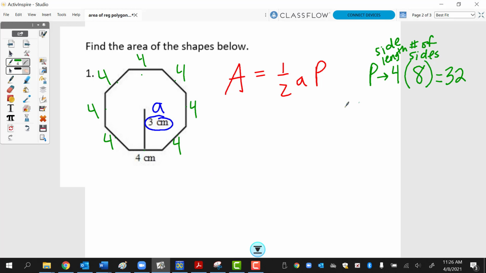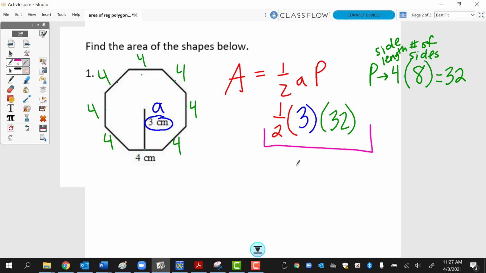Okay, great. So we just got to plug our numbers in. We are not plugging in anything for 1/2. That's just 1/2. So we have 1/2 times our apothem, which was 3, times our perimeter, which we just figured out was 32. So we're going to type this in Desmos.